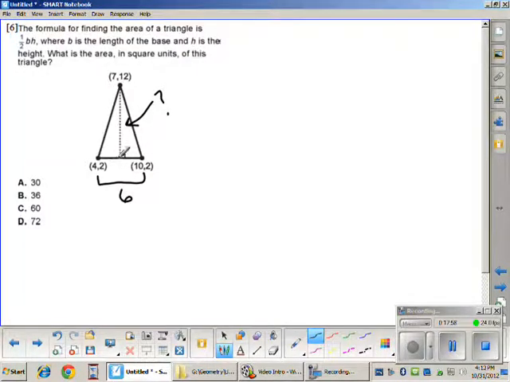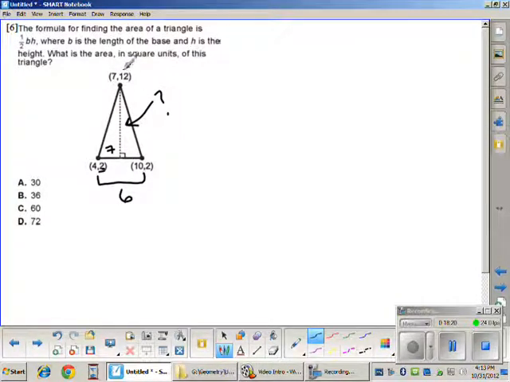If you look at this distance total, and again that's kind of confirmed here, if you look at this distance this way, well, I would argue that we're starting at the y value of 2, ending at the y value of 12, making the question mark a value of 10. So my distance here is 6 and my distance here is 10, that's my base times my height.